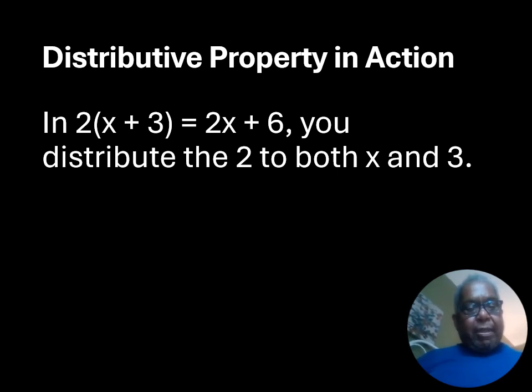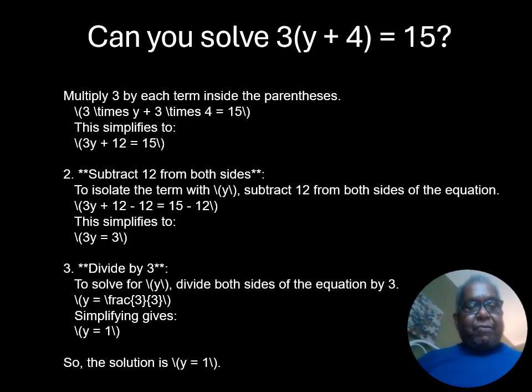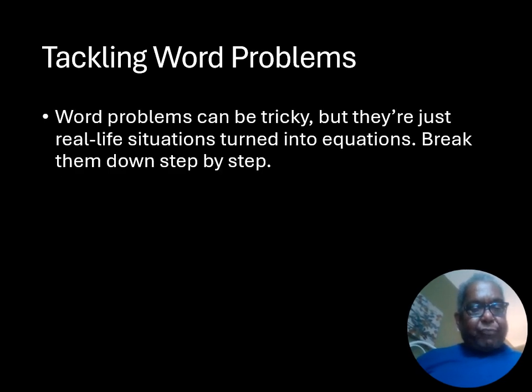You distribute the 2 to both x and 3. Here's the answer. You solve this. Multiply 3 by each term: 3 times (y plus 3). And that simplifies it. 3y plus 9 plus 12 equals 15. Subtract the 21. Anyway, that's the answer.